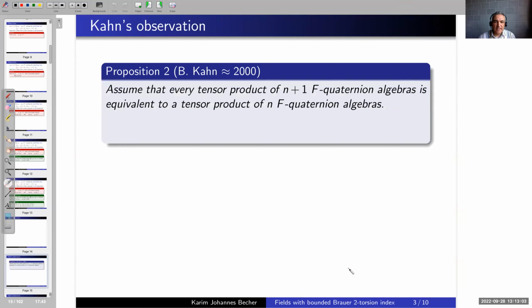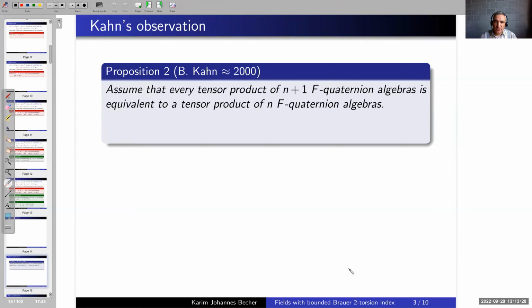The thing that he says as a remark in this paper is that if every tensor product of n+1 quaternion algebras over F is equivalent to a shorter tensor product, which is really a complicated way of saying what is captured in the symbol length, but I don't use that for now. I will introduce it on the next page.